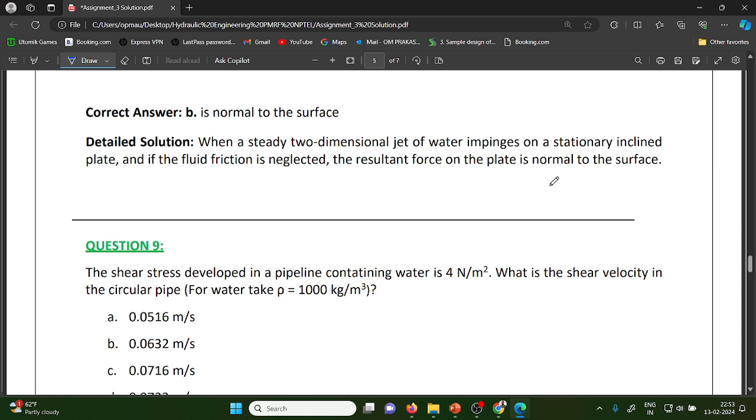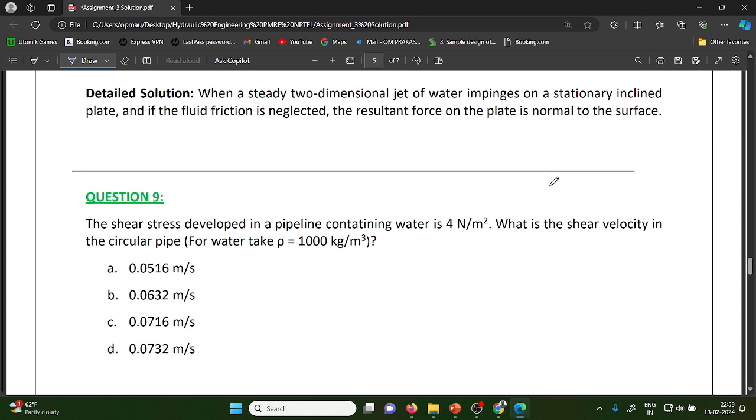The shear stress developed in the pipe containing water is 4 Newton per meter square. What is the shear velocity in a circular pipe? We are talking about the shear velocity. So this is also one important velocity.